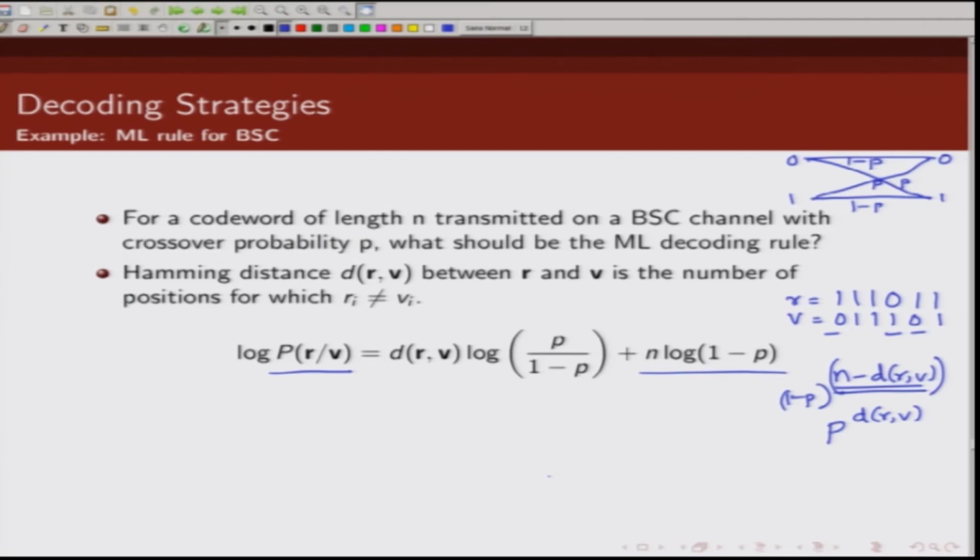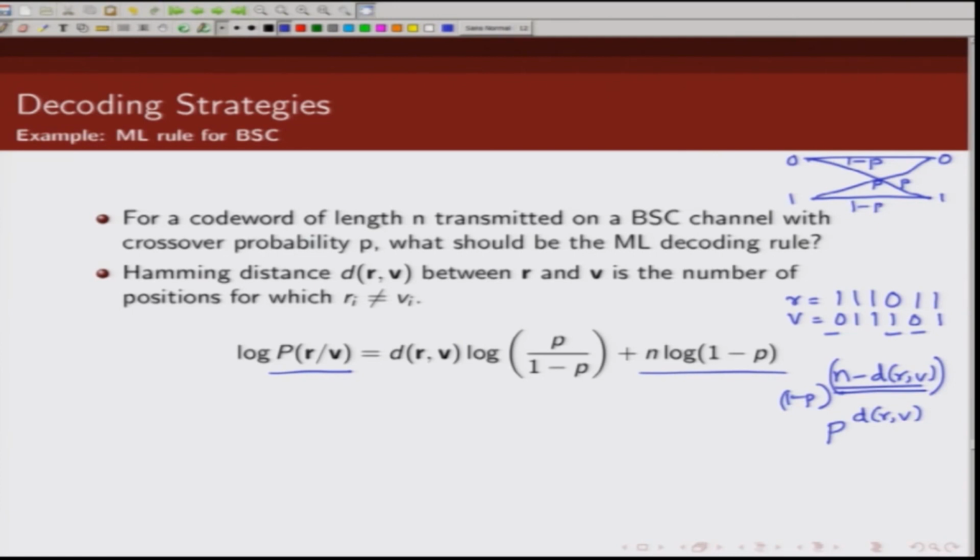That is a negative quantity. So, what we get then is, to maximize this, we have to maximize minus of d(r,v), correct? So, a maximum likelihood decoder will choose a v such that minus of d(r,v) is maximized.